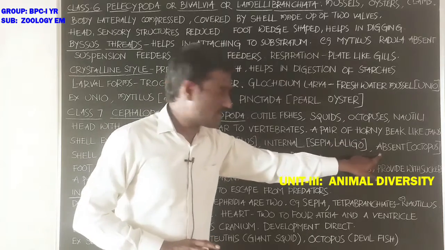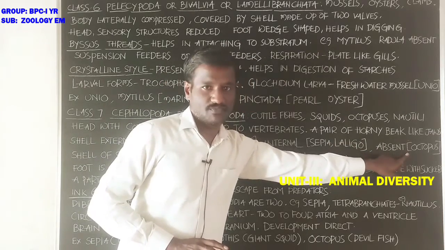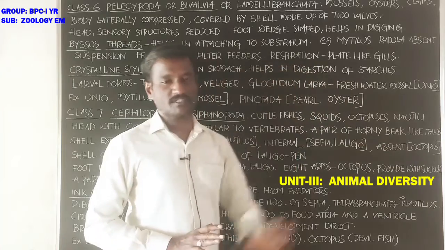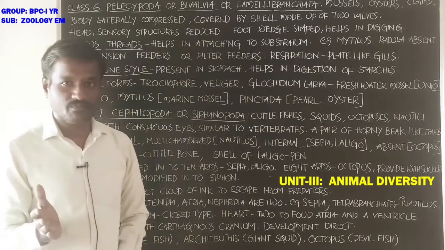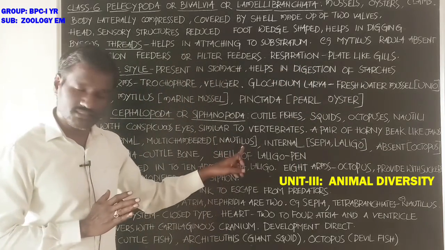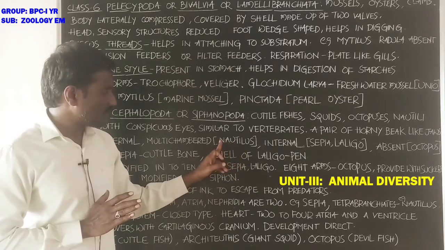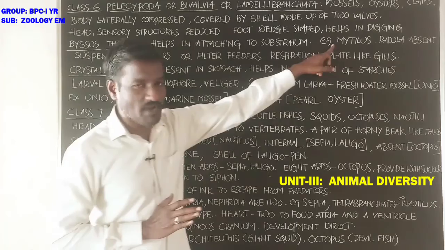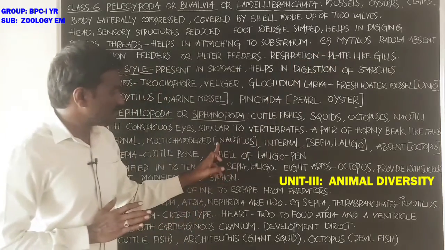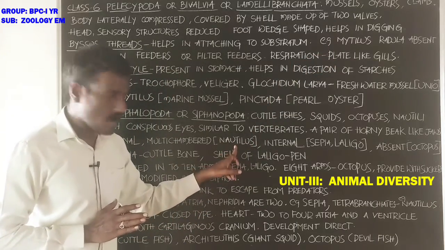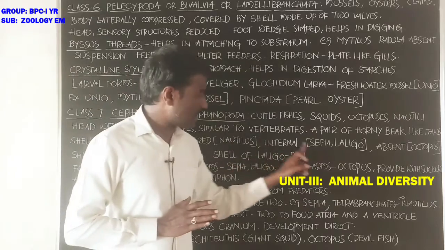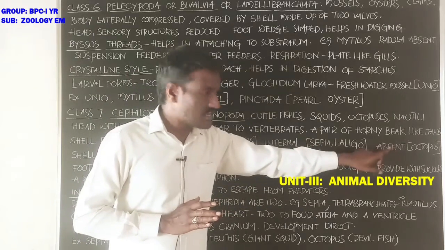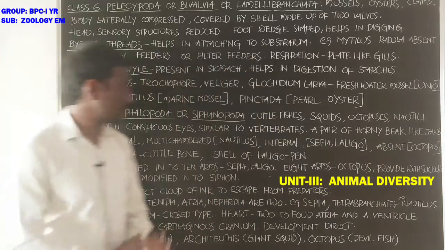Shell is absent in octopus. Mytilus is a bivalve, student.